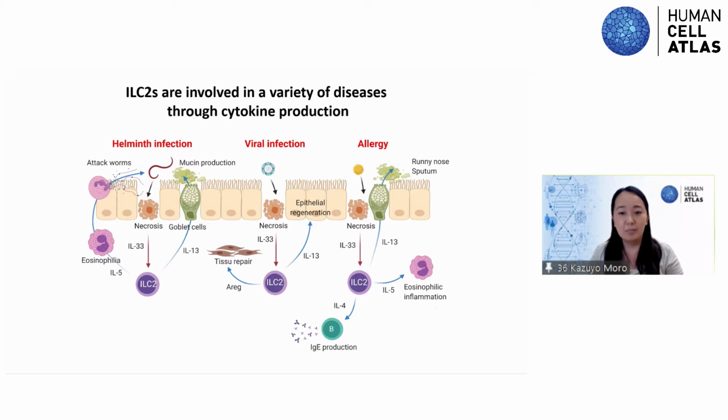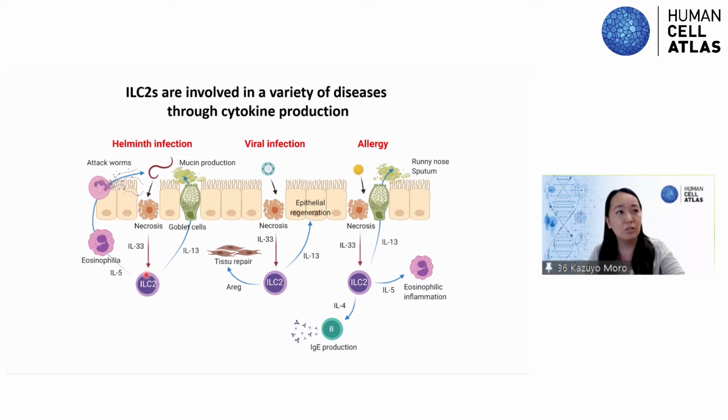But I believe that the original function of ILC2 was protective responses to parasite infection, at the time when we had parasite infections. When a parasite comes into our body, it destroys the epithelial layer, and epithelial cells die by necrosis, and necrotic cells produce IL-33 and stimulate ILC2.